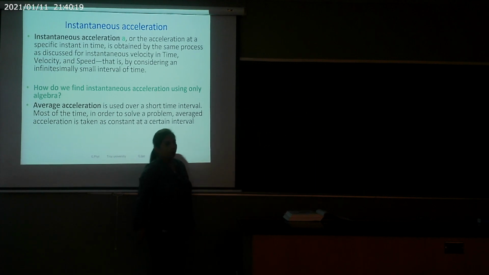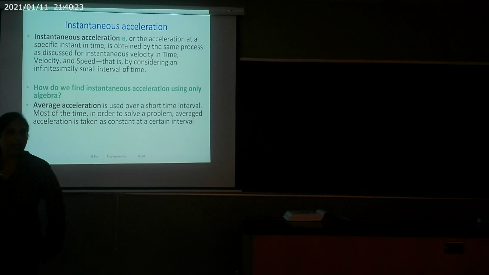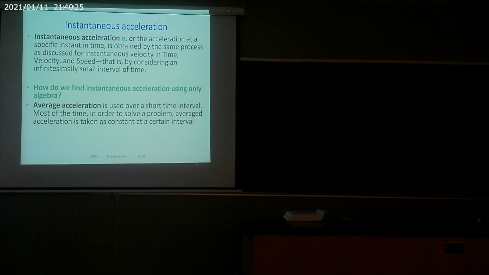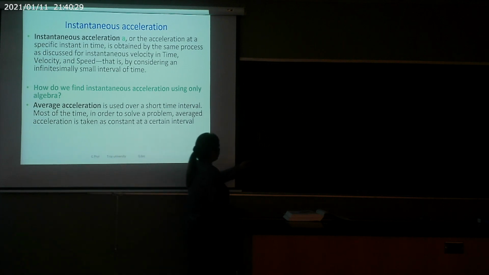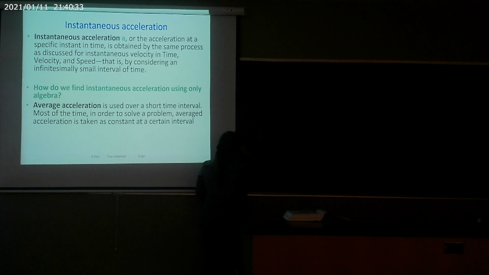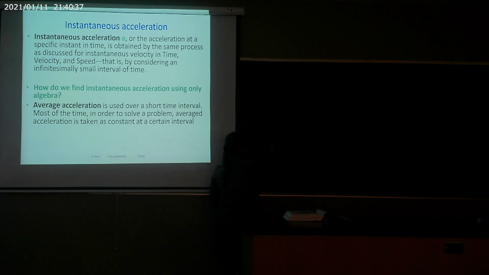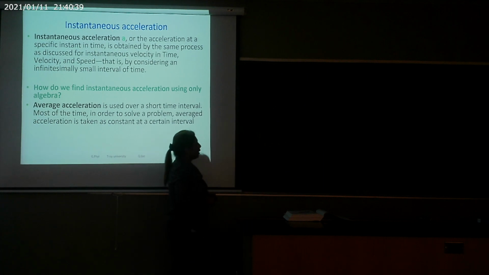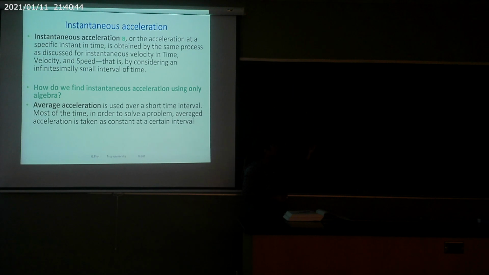This would give you the value of the acceleration at some instant. If delta t approaches 0, delta t is very small, delta v would be very small too. This reaches one single value for acceleration, which is defined as instantaneous acceleration.